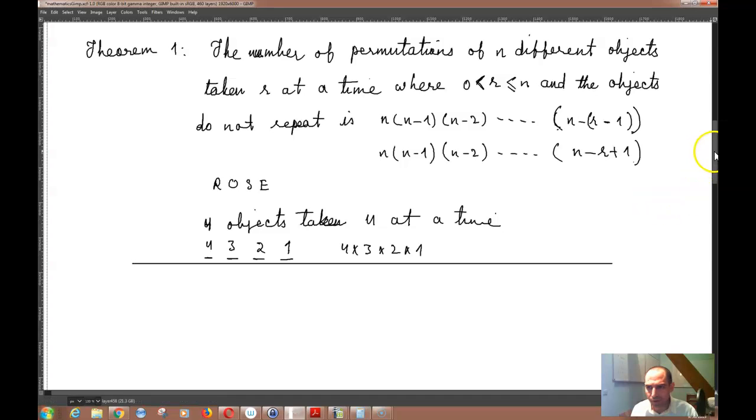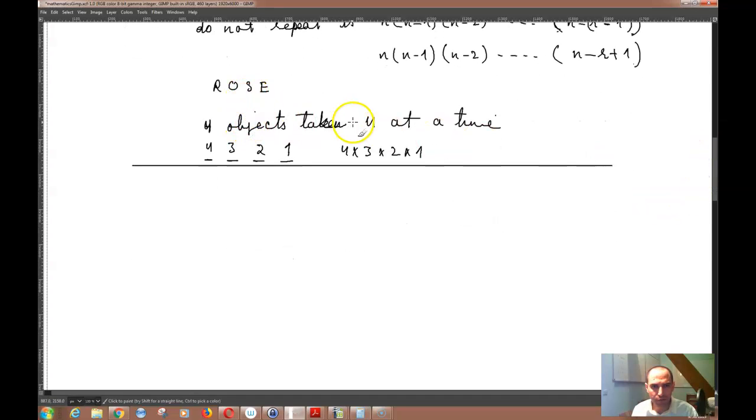And then, for example, if you have the same number of objects, but using the same objects you want to create 3-letter words, that would be 4 objects taken 3 at a time.